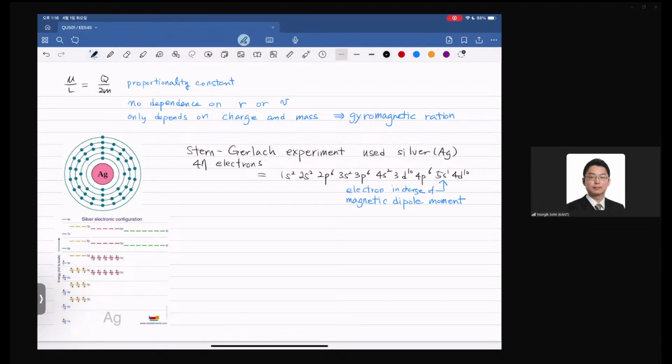So, as I mentioned earlier, in the original Stern-Gerlach experiment, their interpretation was wrong, right? These two people interpreted it as the electron's orbital angular momentum.